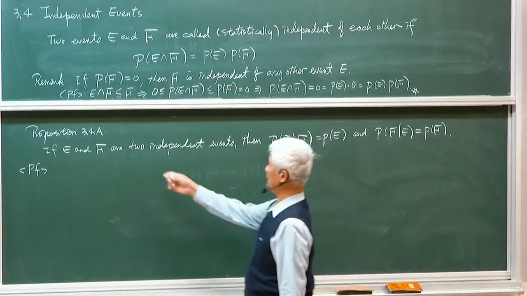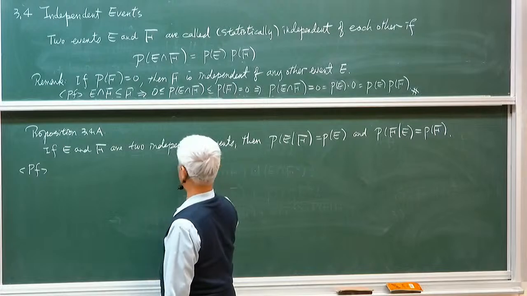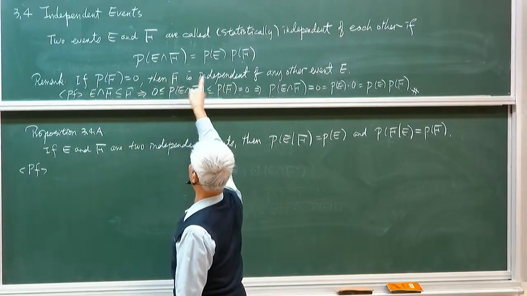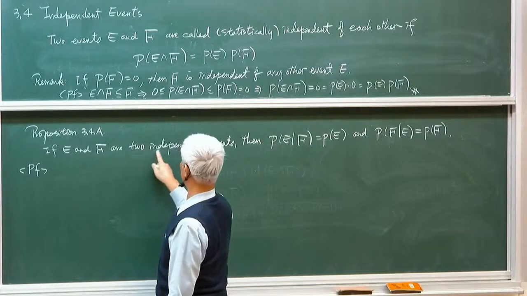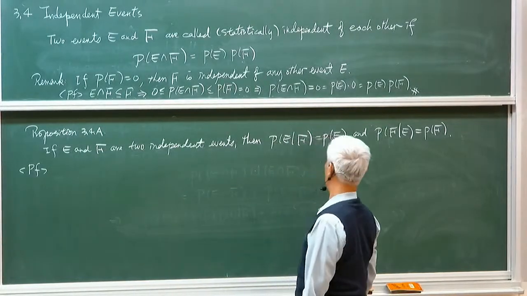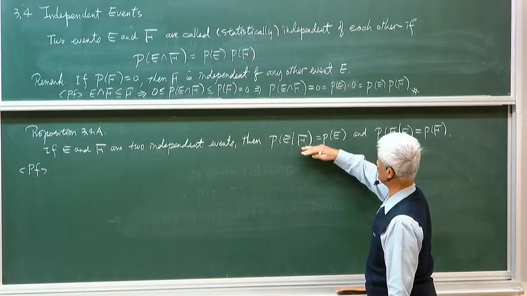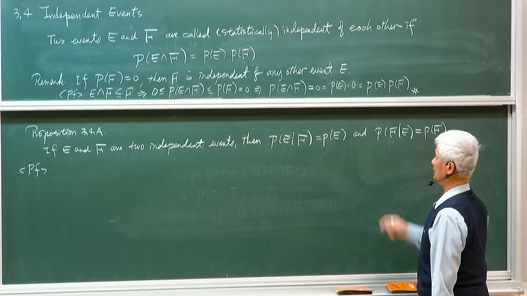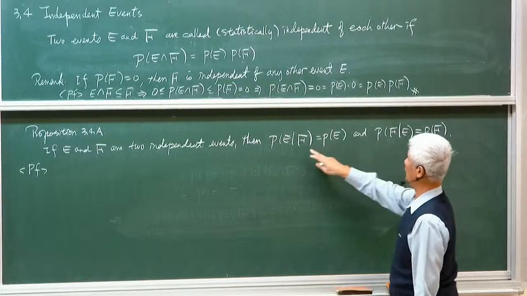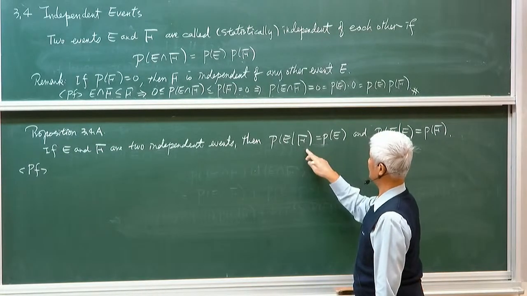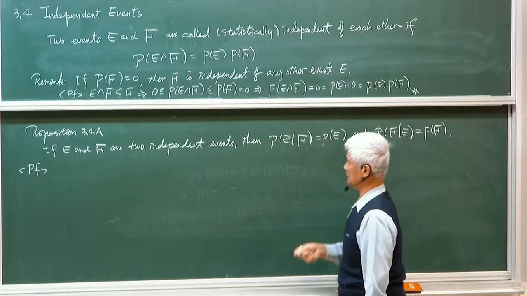Because we define independence between two events in a symmetric way, E and F are independent events. So if we have this identity, then we have that identity too, by symmetry, so it will be enough to prove the first identity.